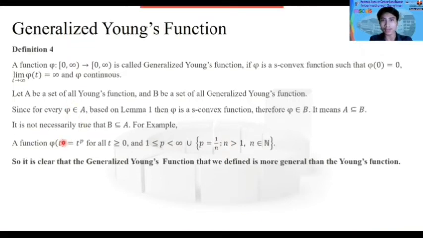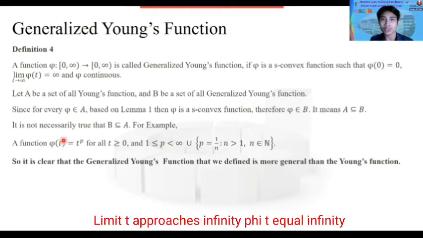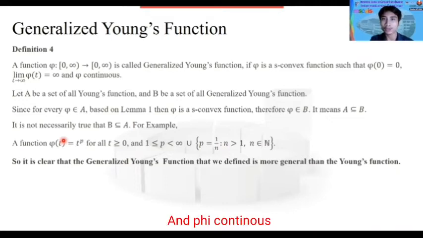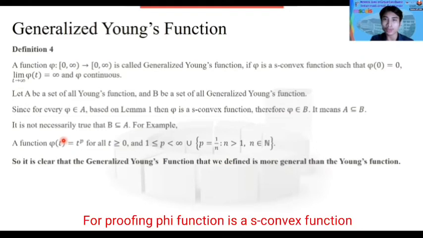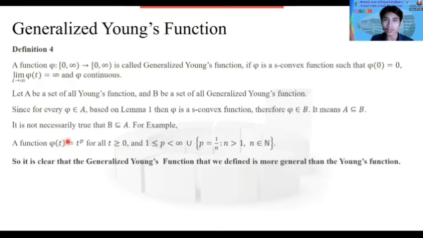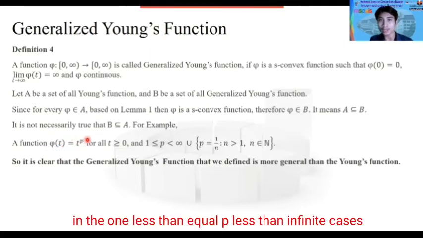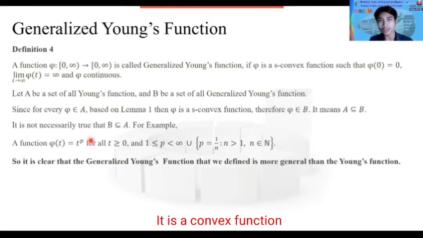It is clear that phi(0) equals 0, the limit as t approaches infinity of phi(t) equal to infinity, and phi is continuous. For proving phi is an S-convex function, in the case 1 less than or equal to p less than infinity, it is a convex function. And based on Lemma 1, then phi is an S-convex function.